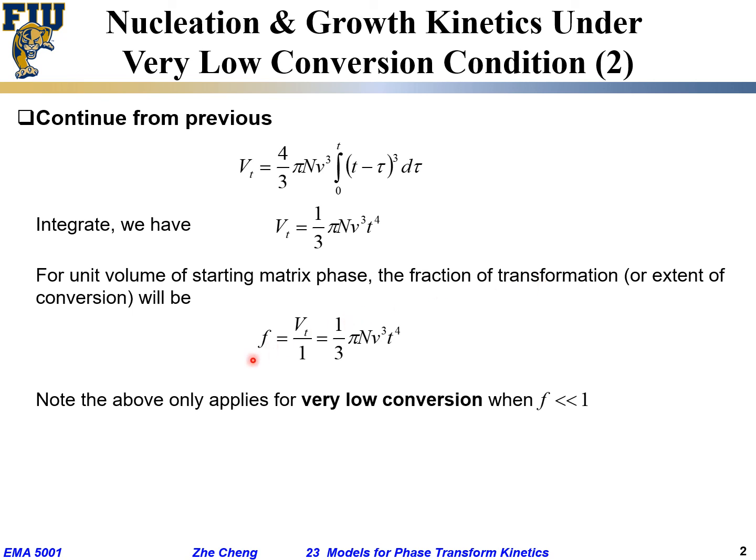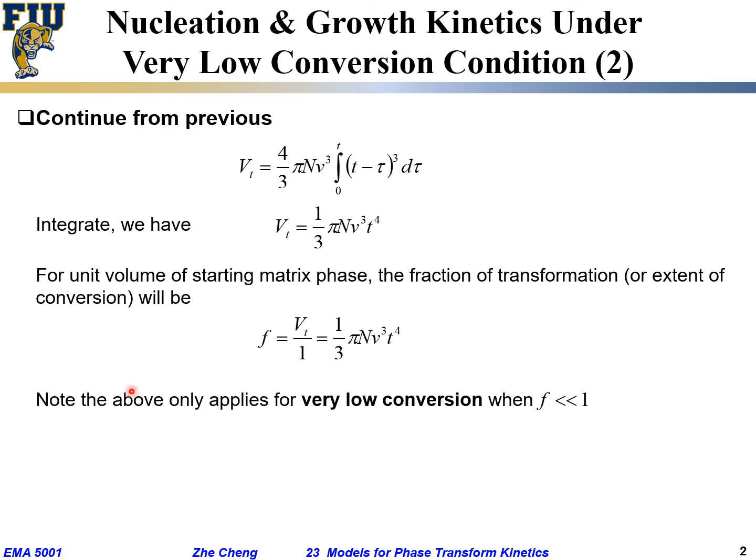We're going to refer to this concept a lot. The fraction of conversion, which means out of the matrix phase, what's the percentage, what's the fraction that got converted into the new phase, which we call precipitate, for precipitation type of phase transformation, relates that with time t, and of course with other factors that are part of our model, part of our assumption.